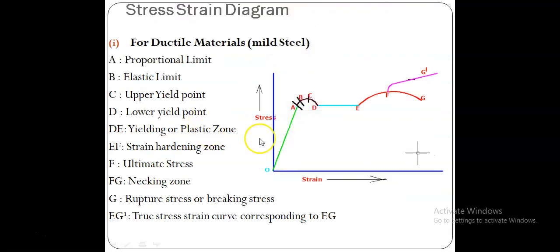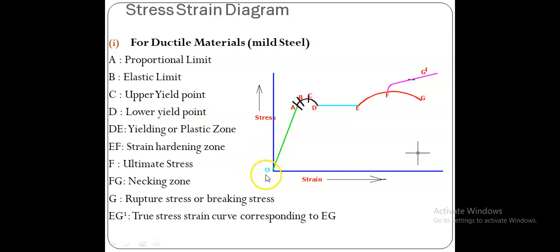Here we have to find the different stresses corresponding to different loads. If I want to know the elastic stress, the elastic stress means the range of stresses between O to B, all are elastic stresses.